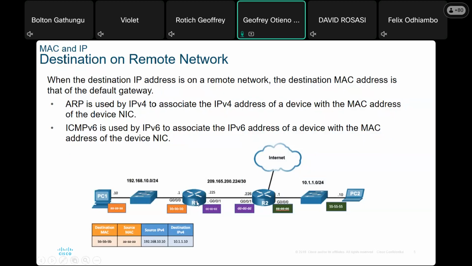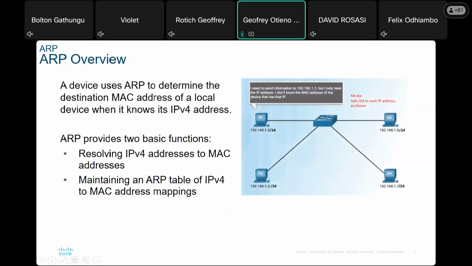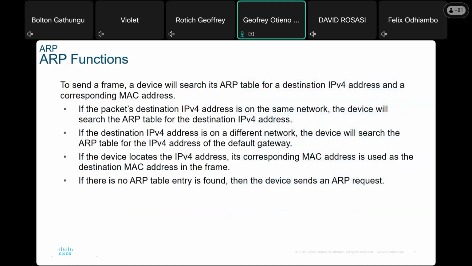Then again, another request, now from the router, not PC1, is sent to R2, until you get to the final device. And that's why I'm saying the content of the ARP table will keep on changing depending on where the data has landed. It will not be the same.